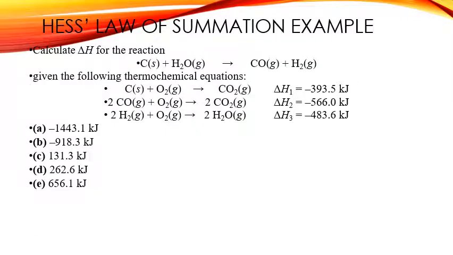So for our next example, we need to calculate the delta H for the reaction C solid plus H2O forms CO plus H2. Once again, we have a series of steps that together should equal the balanced equation for the reaction above. If we have to flip the direction of the reaction, making it a reverse direction, then we change the sign of delta H but keep the magnitude the same.